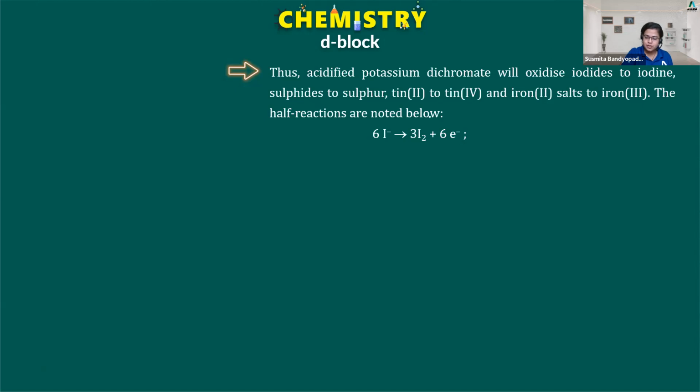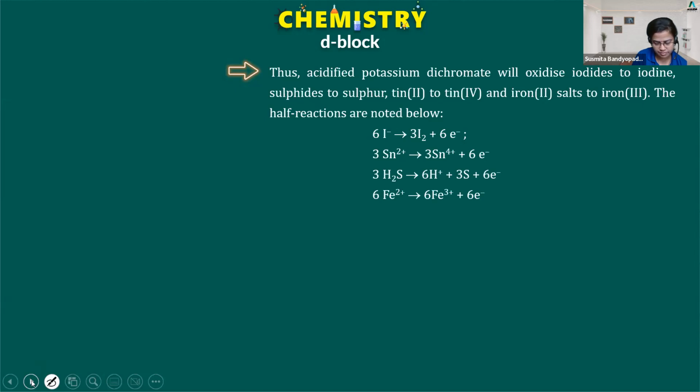So dichromate is oxidizing iodide into iodine, Sn2 plus into Sn4 plus, iodide into iodine, Fe2 plus into Fe3 plus, sulfide into sulfur.